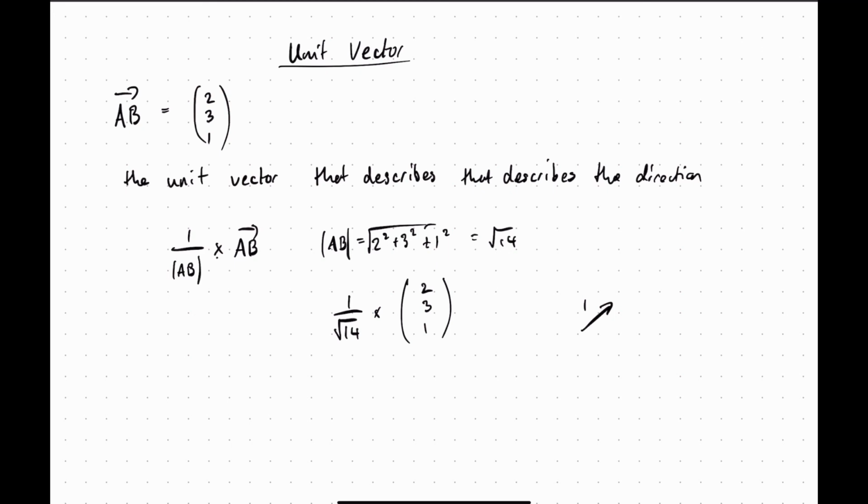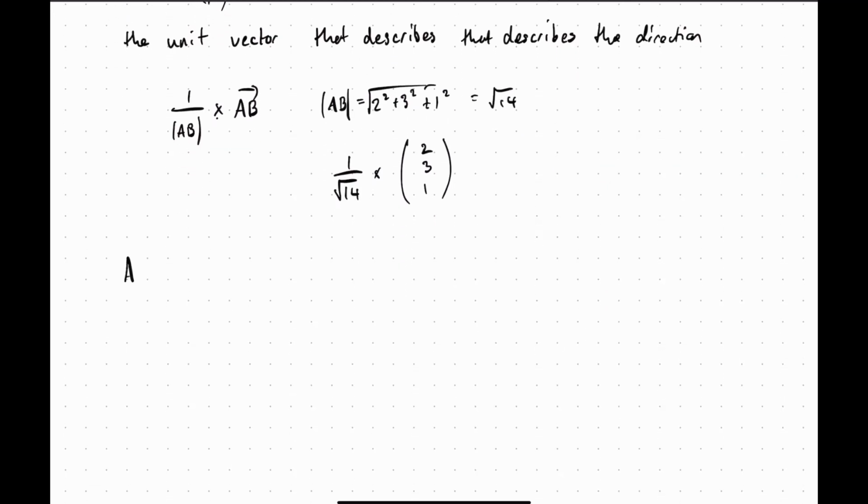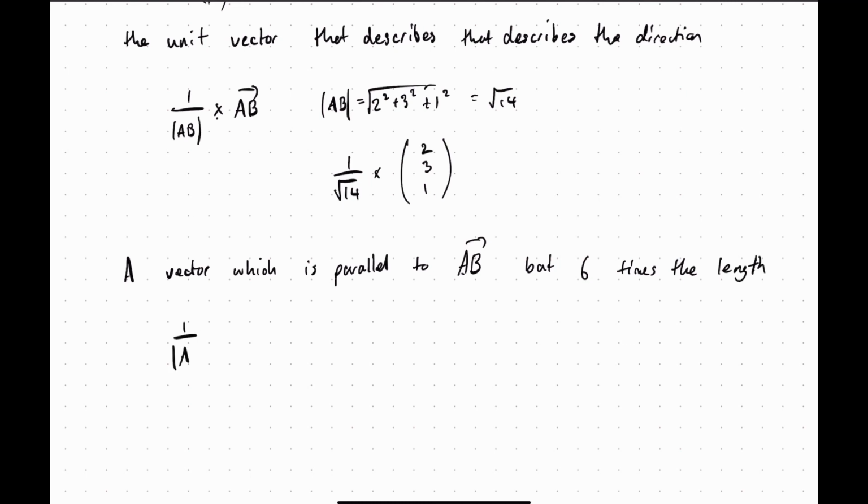Okay, I'll say it again. If I want a vector which is parallel to AB, but 6 times the length, what you do is you take the unit vector, which is 1 over mag AB, times the direction AB, and then you multiply by 6.